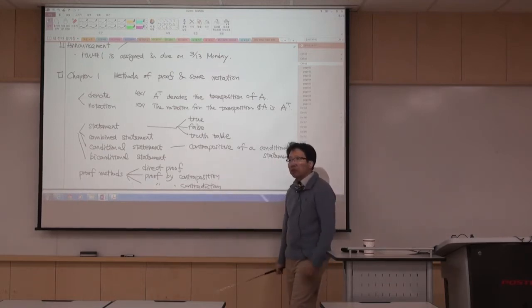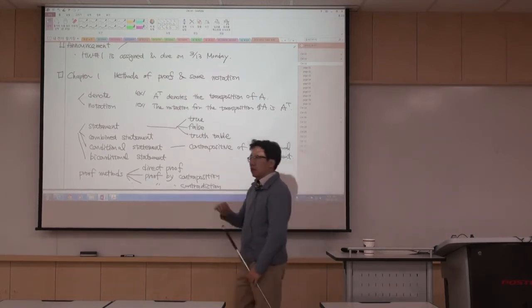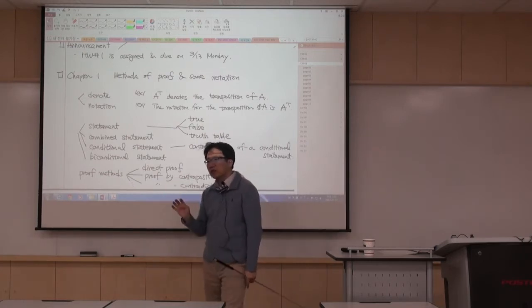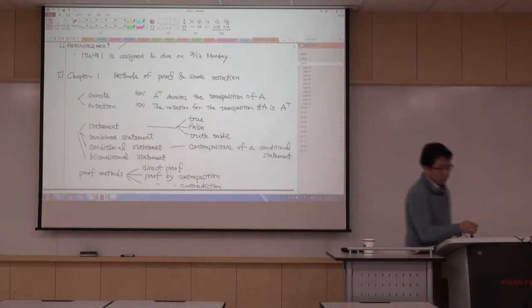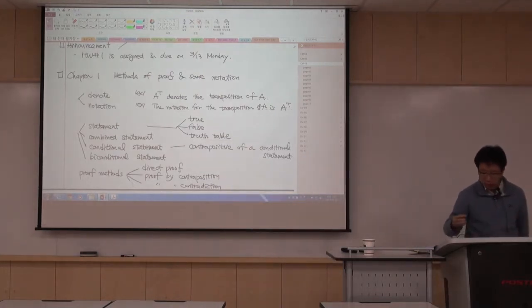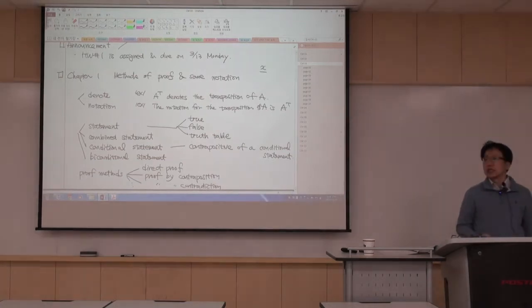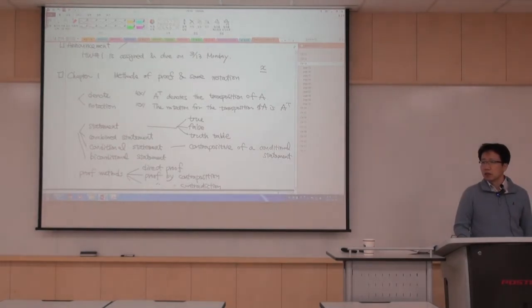Be careful. Sometimes a definition looks like a notation, but precisely speaking, they are different. For example, in many cases, especially in this lecture, I will use this notation to denote a column vector. Got it?